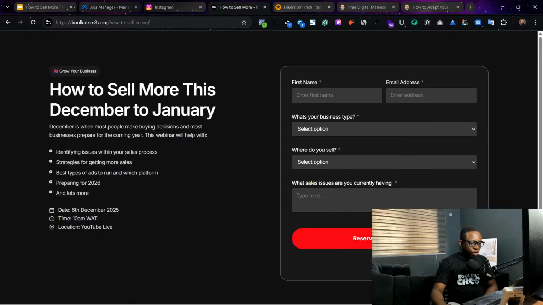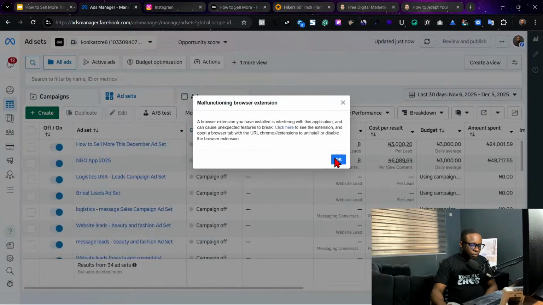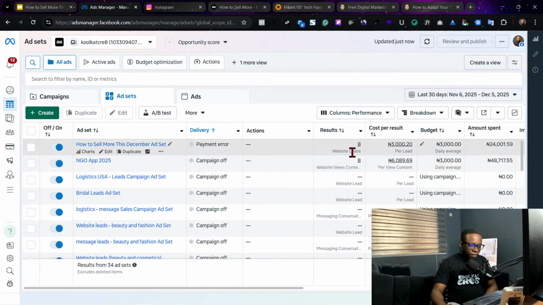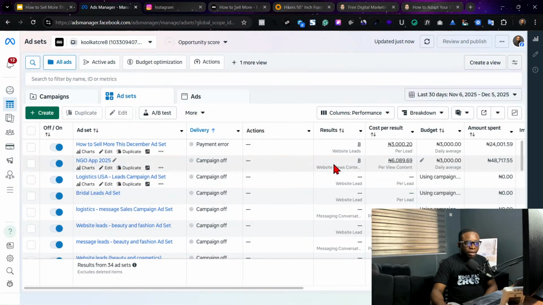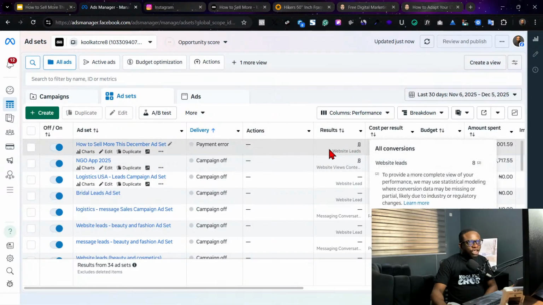So what I was saying, this button here was not registered, because most of my buttons are just book a call, book a call, book a call. So I forgot to change this button, because I changed this button to reserve my spot. So Facebook did not understand what kind of leads this is. So now if you check here, you could see that I had 8 leads and I had been running this ad for like how many weeks and I had 8 leads, until I changed it.